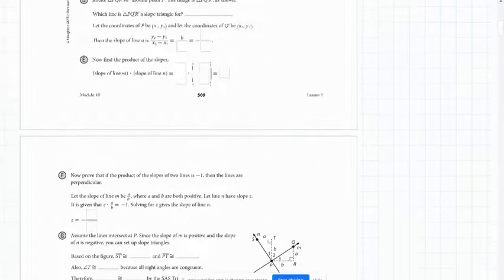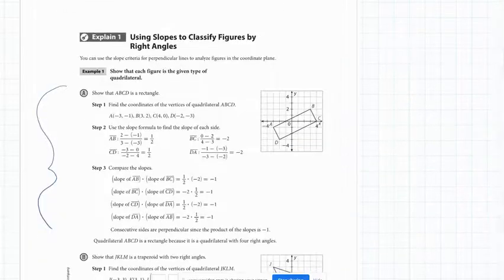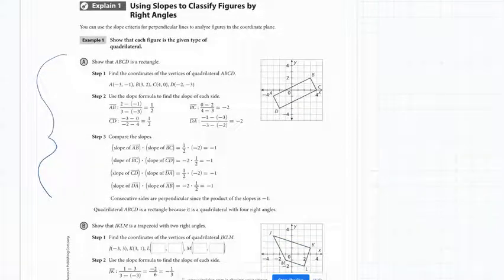Okay, so now we're going to jump forward to page 511 and take a look at example 1A. In this example, this figure looks like a rectangle, and we can prove that it actually is a rectangle by looking at the slopes. The slope of side AB goes up 3/6, so that's a slope of 1/2.